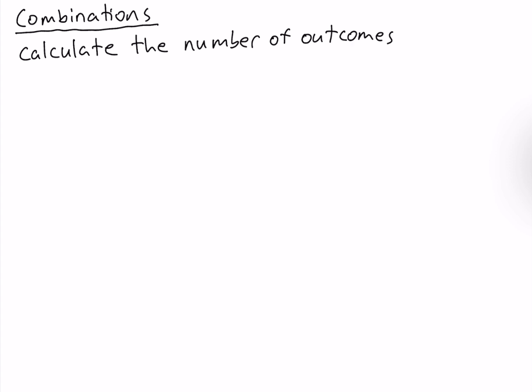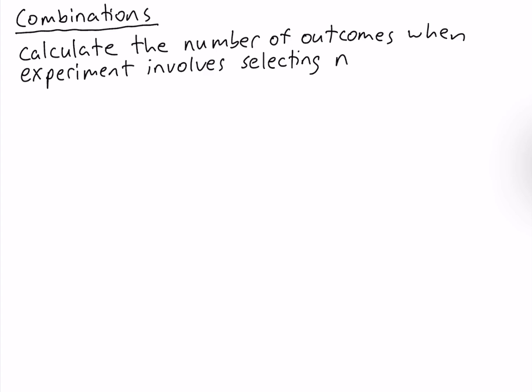We want to calculate the number of outcomes when the experiment involves selecting lowercase n number of objects from a larger set of capital N number of objects.